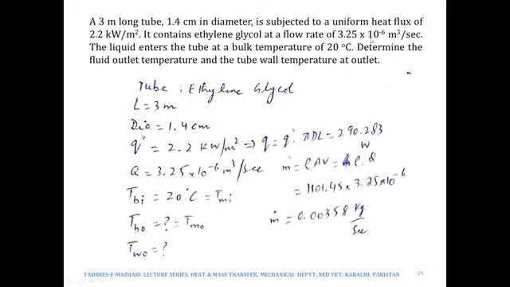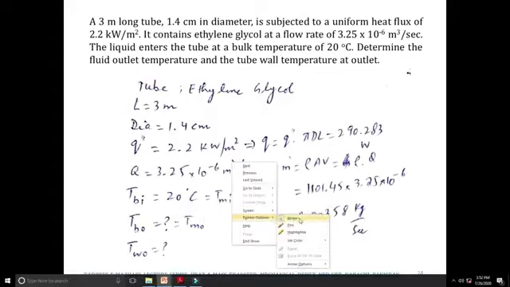Since it is a uniform heat flux problem, Ts will not remain constant from location to location, rather it will vary. So we are given this heat flux over here. We can find out total Q by multiplying that heat flux by the area.